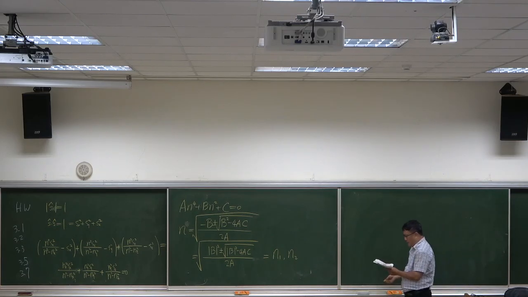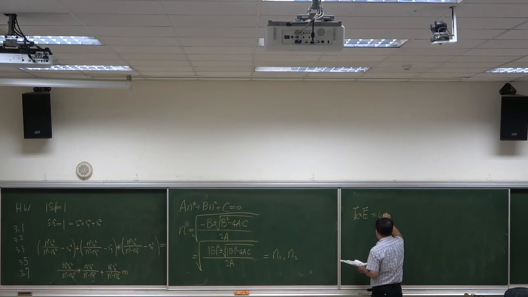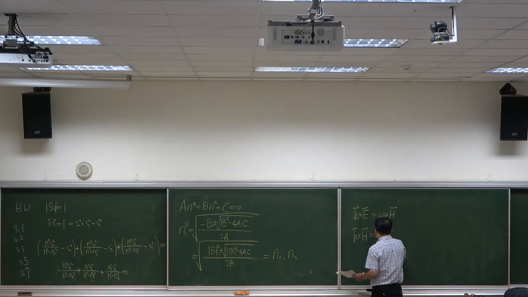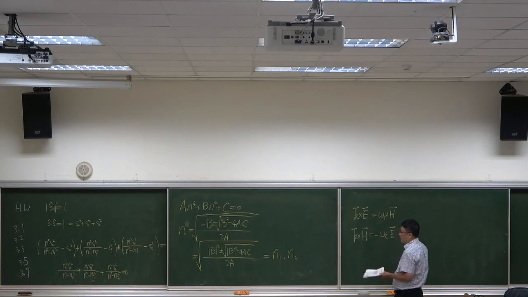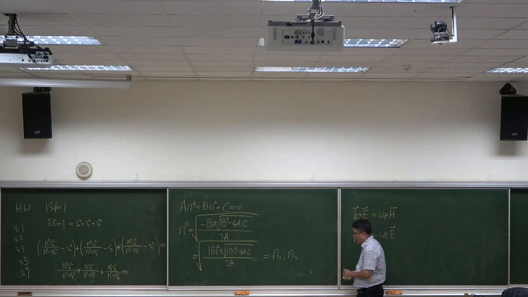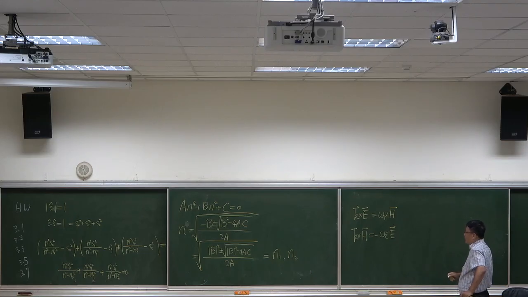Once again, we start our discussion from these two equations: K cross E is equal to omega mu H, and K cross H is equal to minus omega epsilon E. We use these two equations to find the corresponding polarization of the E vector.